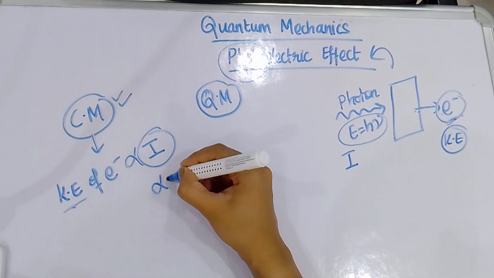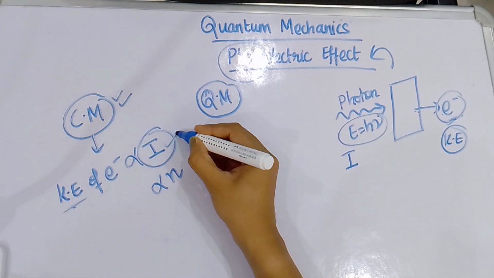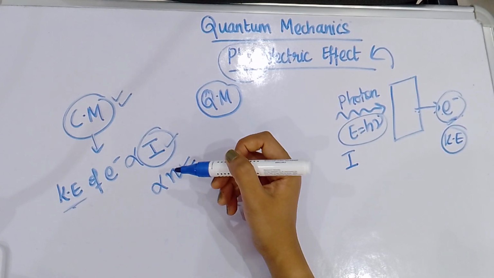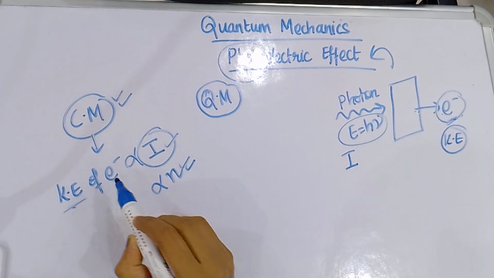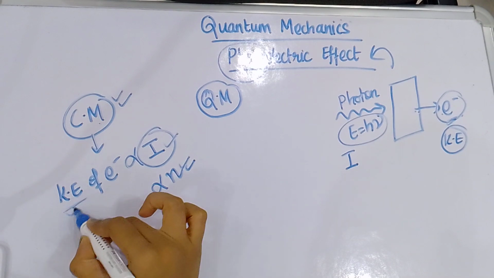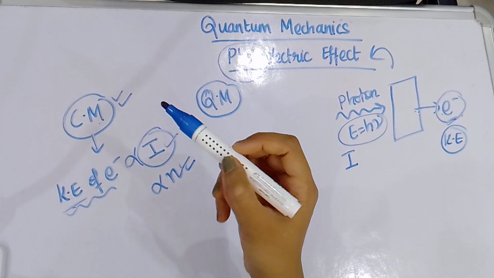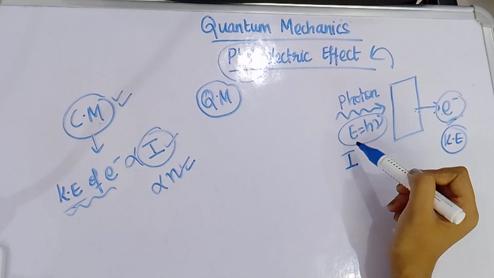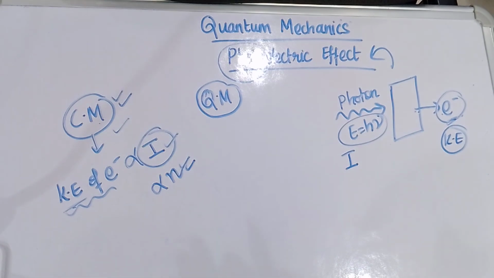Intensity means the number of photons, right? From the word itself we understand that intensity means the number of photons. So classical mechanics believed that the kinetic energy of the ejected electron from the metal surface depends upon the intensity of the incident photon, or the number of photons which are falling on the metal surface. This is what is believed by classical mechanics.